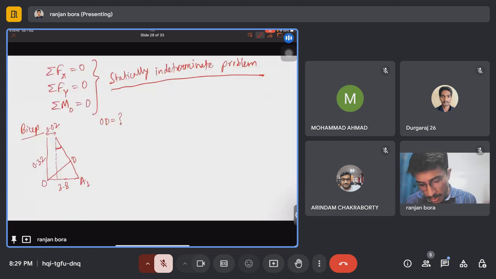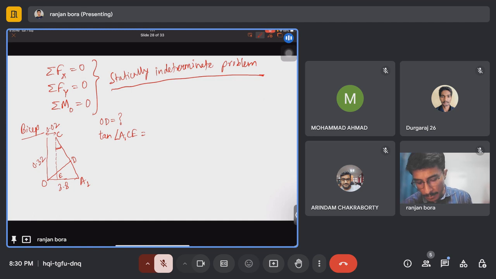So we need to find this OD. To find OD, let us take this point as C and this point as E. So we need to find the angle A1CE.